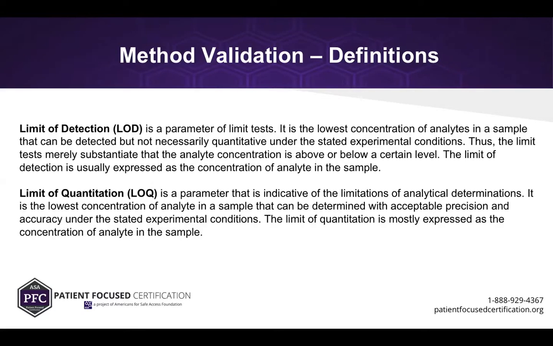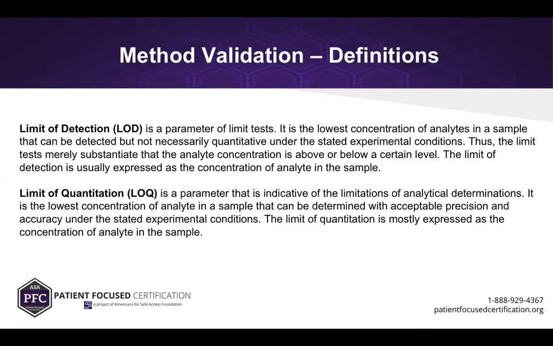The limit of detection, as we just talked about limit of quantification, but the limit of detection is the lowest level of analyte that you can actually successfully detect. And this is typically determined by evaluating the signal to noise ratio on your instrument.